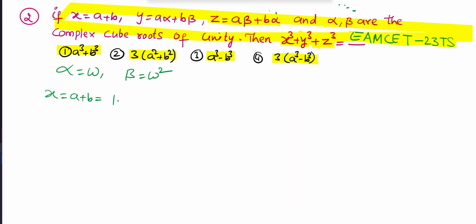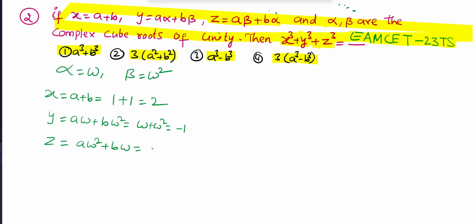Substituting a value 1 and b value 1, that is equal to 2, x is equal to 2. And y is equal to a alpha plus b beta, alpha is omega, beta is omega square. Substituting a, b value is 1, that is omega plus omega square, this is equal to minus 1. And find the z value, that is a beta plus b alpha, a omega square plus b omega. So a, b value is 1, that is omega square plus omega, this value is also minus 1.